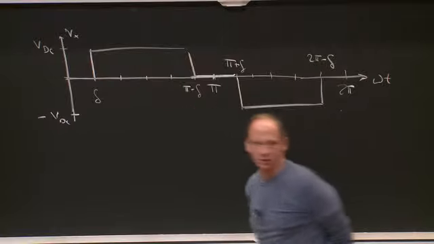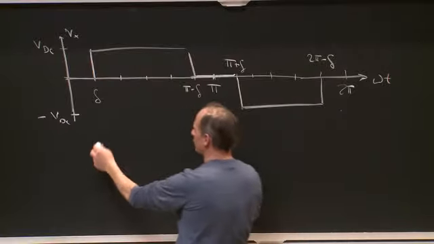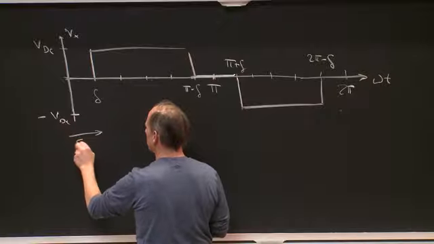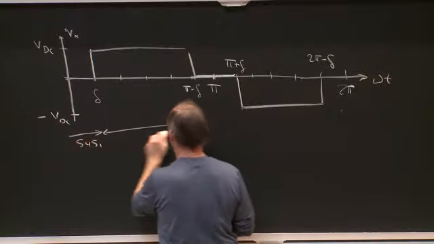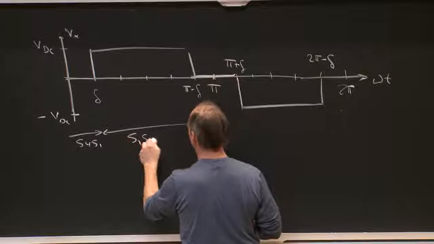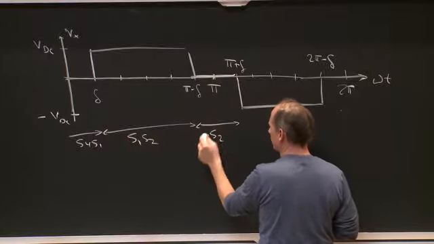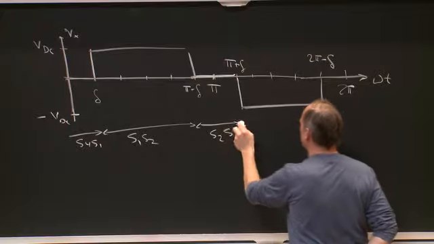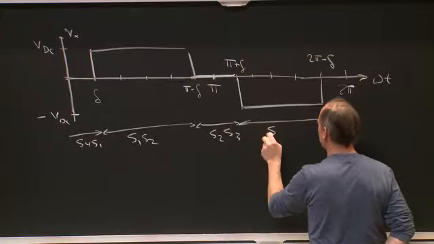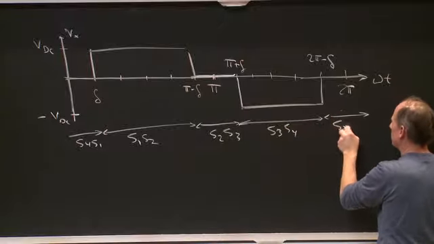is half-wave symmetric. And the advantage I have here is I can have S4, S1, S1, S2, S2, S3, and S3, S4, and then I'm back to S4, S1.